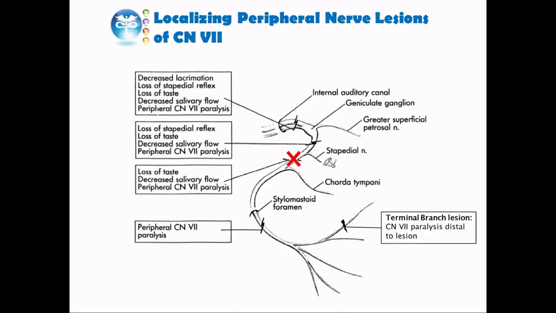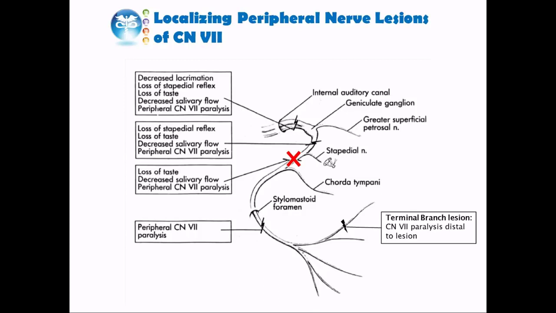The patient would therefore present with ageusia, loss of taste to the anterior two-thirds of the tongue, as well as decreased salivation. In addition, we would expect this patient to have unilateral paralysis of the facial muscles. Notice the patient would not experience an entire loss of salivation, and that's because the parotid gland, which relies on a different parasympathetic pathway, would still be functioning normally.